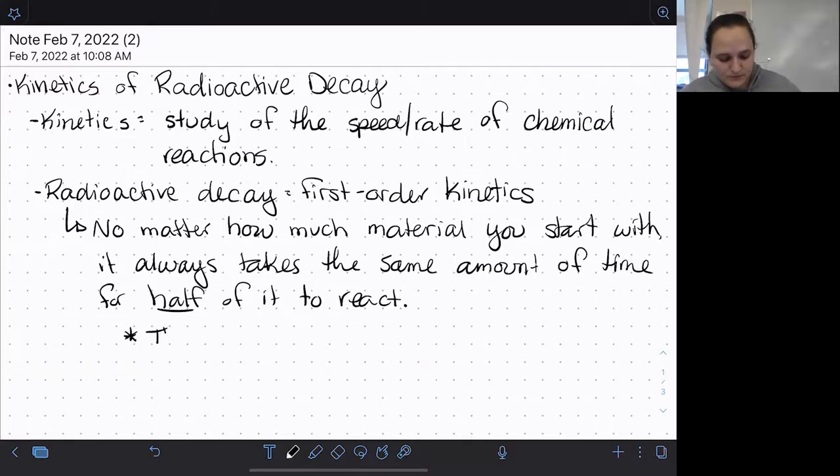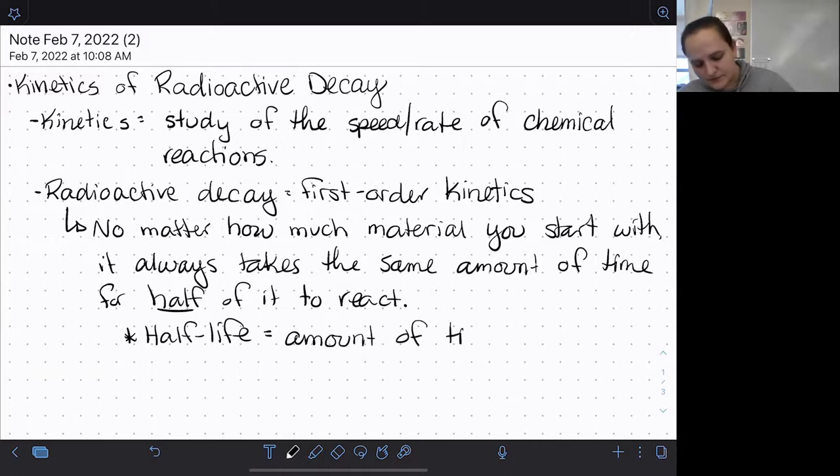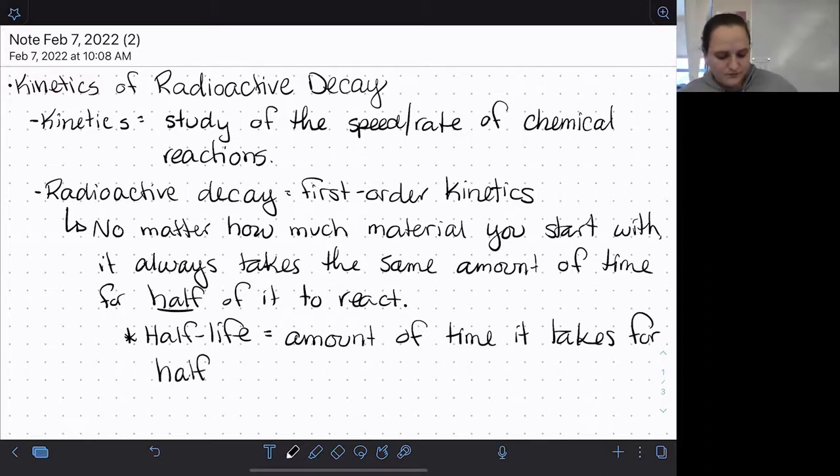And this idea of half of our stuff reacting is what we call the half-life. So the half-life is the amount of time it takes for half of the reactant to react.